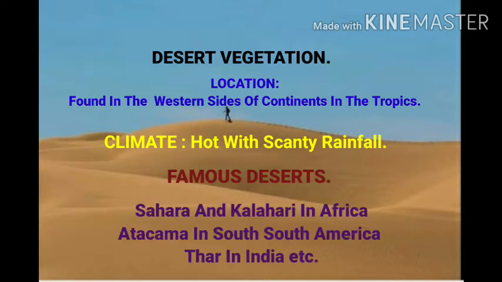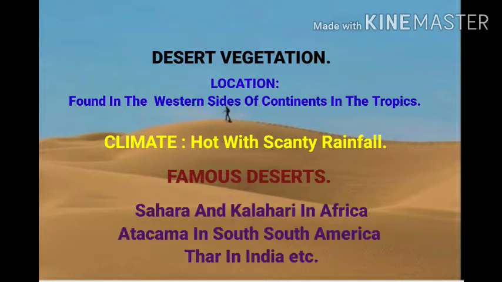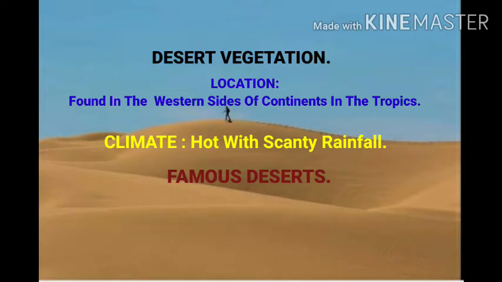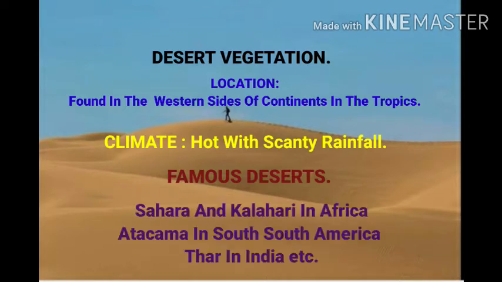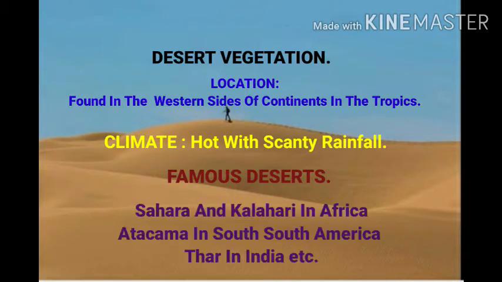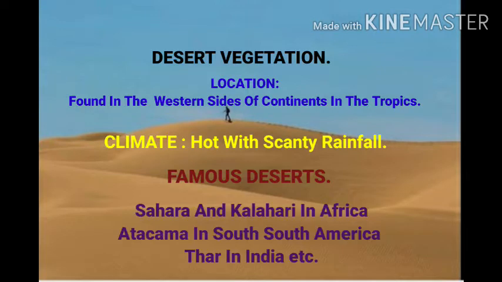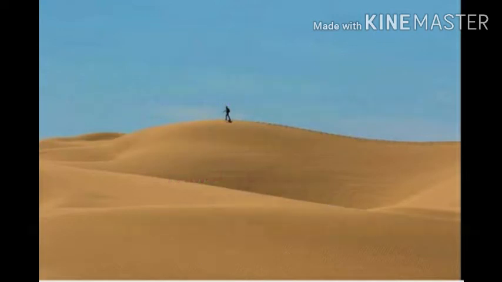Therefore, any environment that is almost completely free of plants is considered a desert. Children, some of the very famous deserts include the Sahara Desert and the Kalahari Desert of Africa, the Atacama Desert of South America, the Arizona Desert of USA, and the Arabian Desert and Thar Desert of Asia.